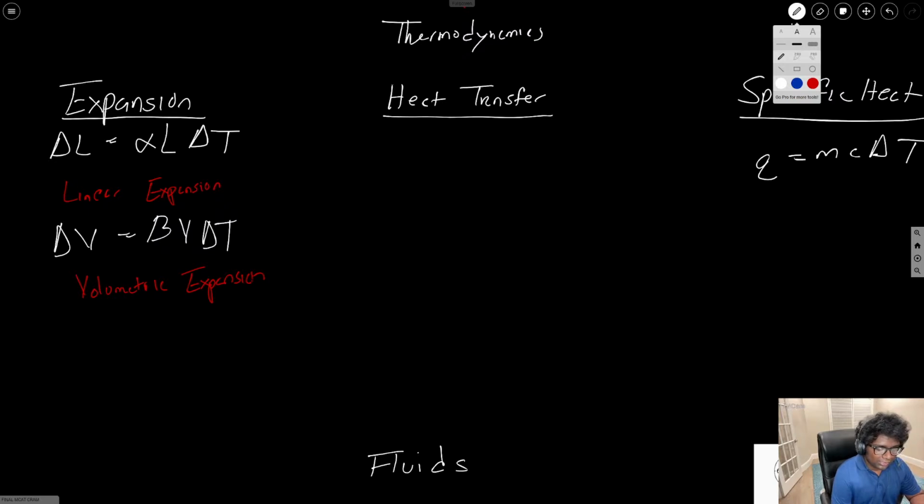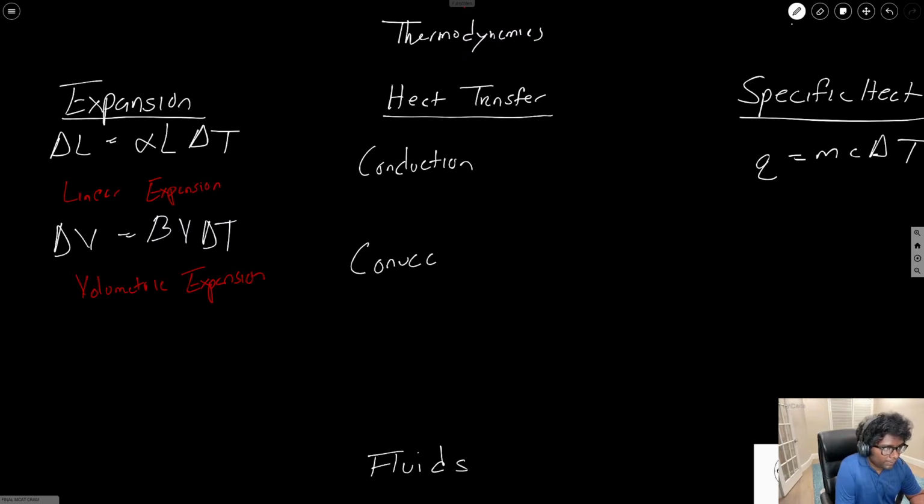Let's move forward with heat transfer. This is your conduction, convection, and radiation. So conduction is the transfer of energy directly.